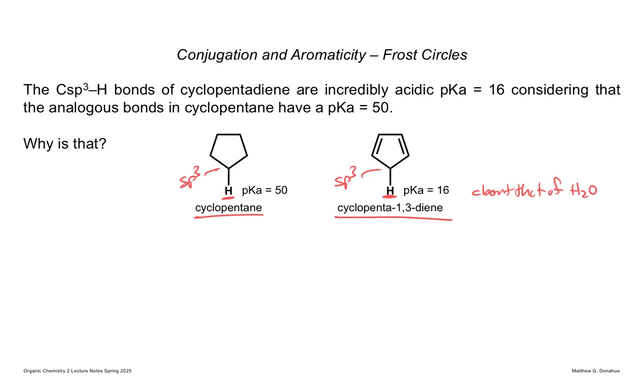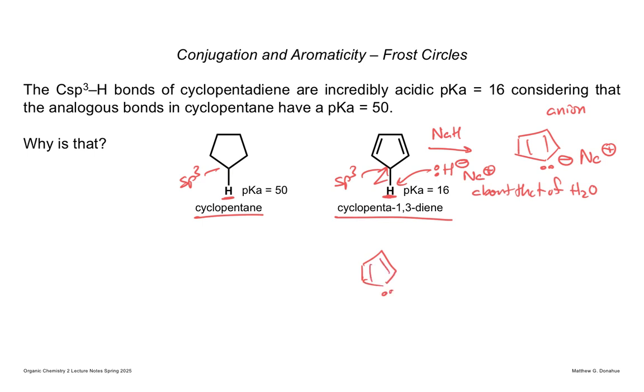So, for example, what this means, say we take sodium hydride. So we have H minus, Na plus. It will abstract that, to get you this anion. So let me redraw that real quick so that we review things.